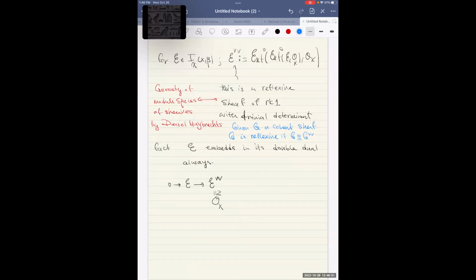That's what reflexive means. Okay? Turns out that E double dual is reflexive.